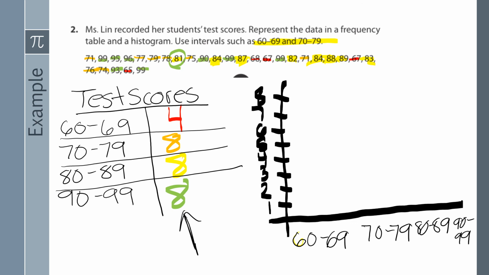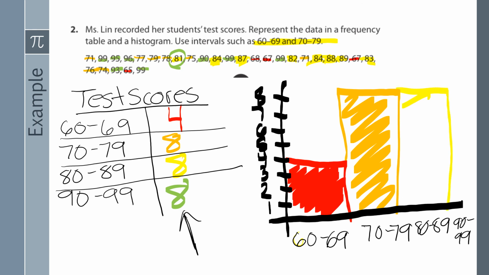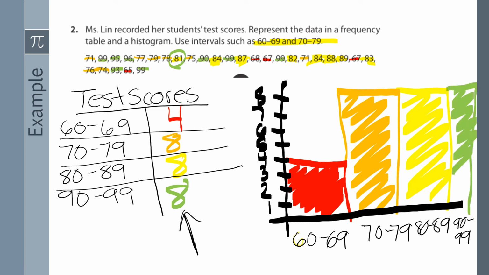So 60 to 69, I had 4 of them. So that would be my first bar. Then I had 8 for 70 to 79. And then I had 8 for 80 to 89. And then last but not least, I had 8 for 90 to 99.